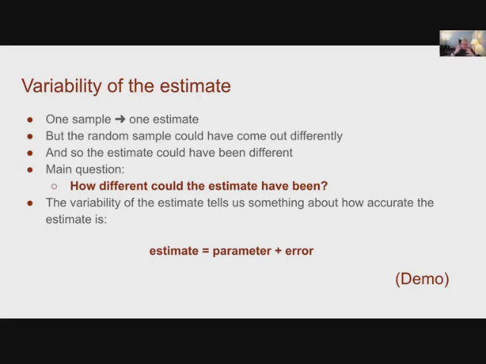Sometimes the true parameter is unknown. For our example it's known, but many times it's going to be unknown. But conceptually, you can think of the estimate as being the ground truth, the parameter we actually want, plus some error. And this is the thing we would like to understand more about: how much is that error?